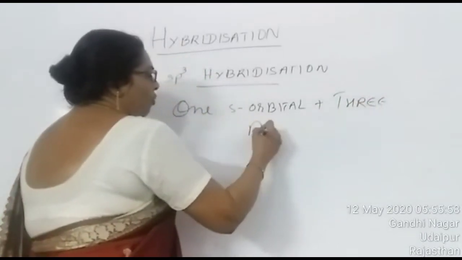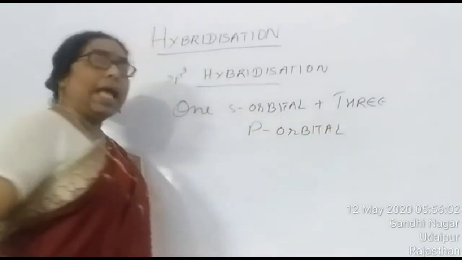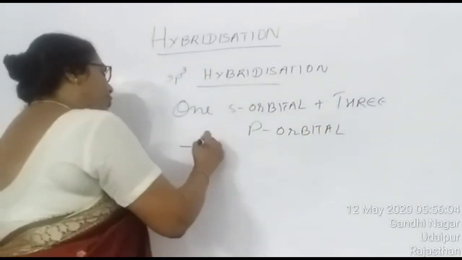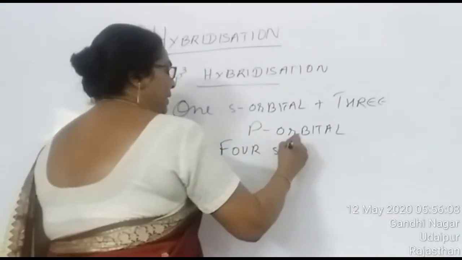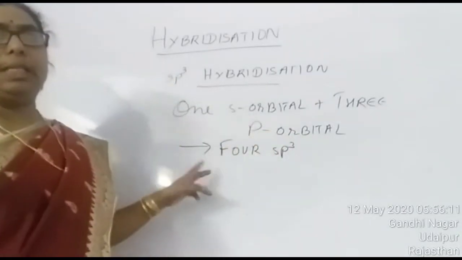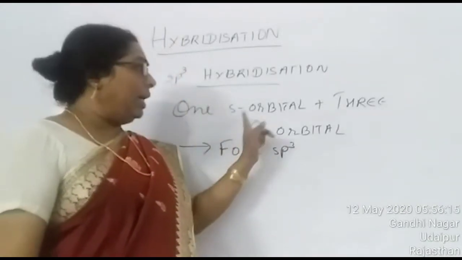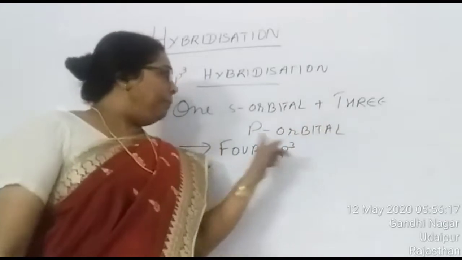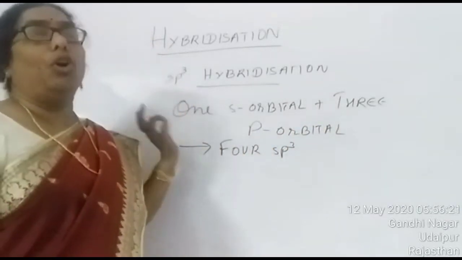Is it clear? One s orbital is going to mix with the three p orbitals, and as a result of this process, you will get four sp3 hybrid orbitals. Sp3 hybridization is the process of mixing of one s orbital with three p orbitals to form four sp3 hybrid orbitals.